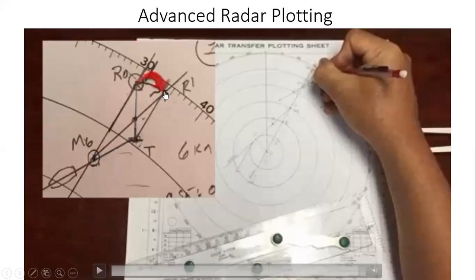Kung hanggang saan tumama yung line, then ito na yung magiging new course to steer mo. Ito na yung course to steer mo. Ilipat mo to, i-transfer mo to using your parallel ruler to the center of your radar transfer plotting sheet. It will show you how many degrees somewhere here, and it will be your new course to steer.